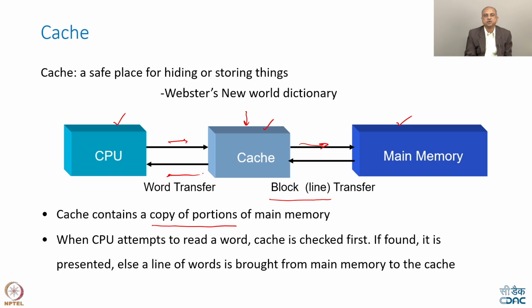We had said that due to spatial locality, it is likely that the address, let us say x, that has been found to be a miss and is now brought into the cache, along with it x plus 1, x plus 2, x plus 3 and x plus 4 are also brought into the cache, with a hope that subsequently these addresses would be accessed by the CPU. So, this is the basic principle on which the cache works: it is a small amount of fast memory sitting between the main memory and the CPU.